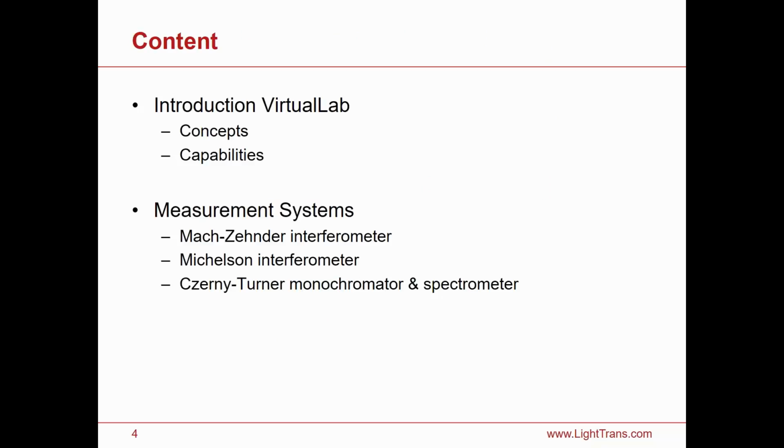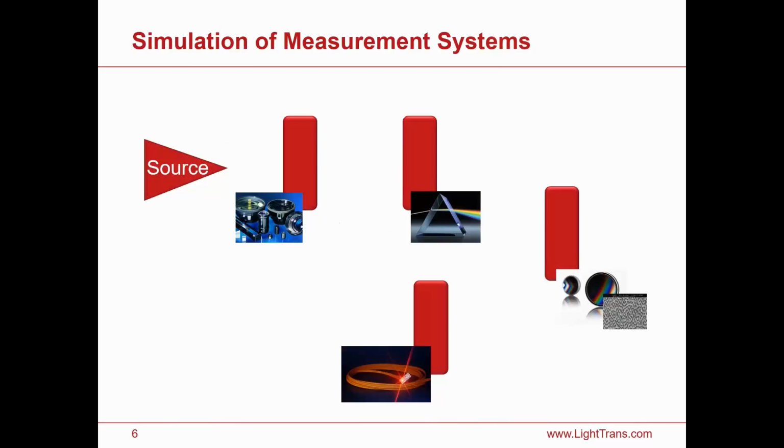Now, before we start with the measurement systems, I want to introduce VirtualLab and show some of its concepts and capabilities. In the context of measurement systems, if we want to simulate such a complex optical system, we have at first different sources. For example, for the Mach-Zehnder interferometer, we use a monochromatic helium-neon laser, or for the Michelson interferometer we use a multichromatic white light source, and so on. So we have very different source types.